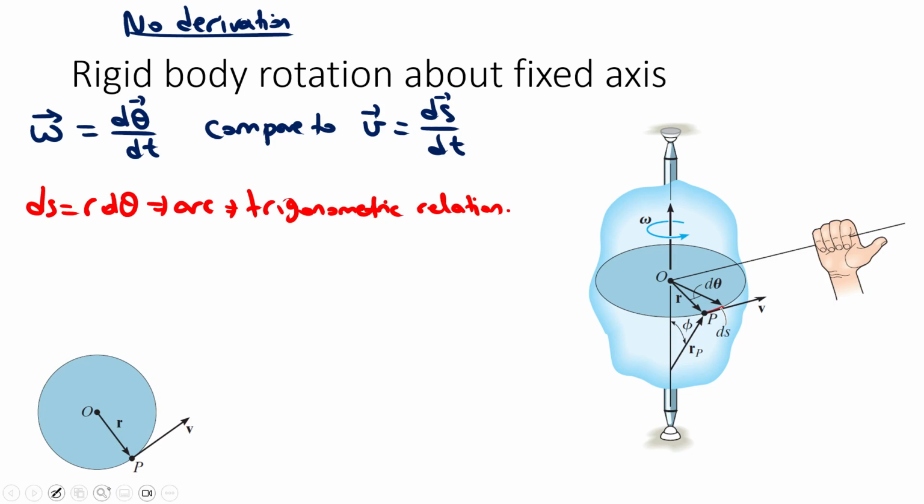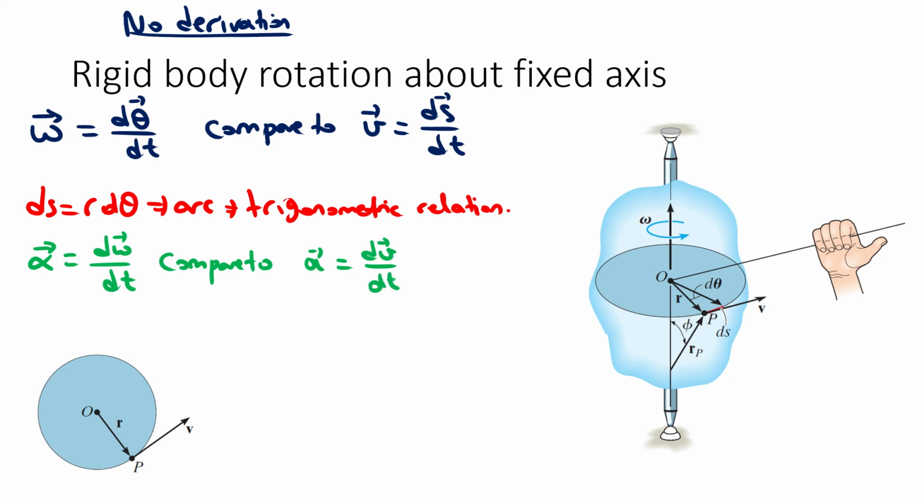And then let me add the angular acceleration alpha. That is the change of the angular velocity with respect to time, and compare it to the acceleration, the change of velocity with respect to time. You can see here this is the angle that we have.